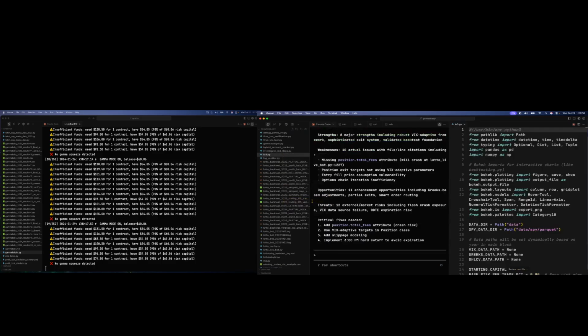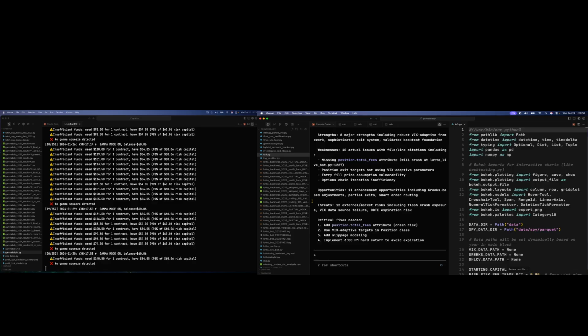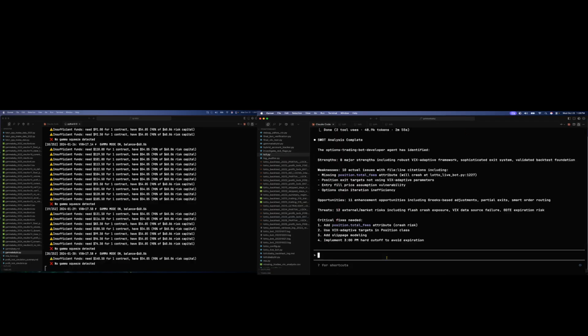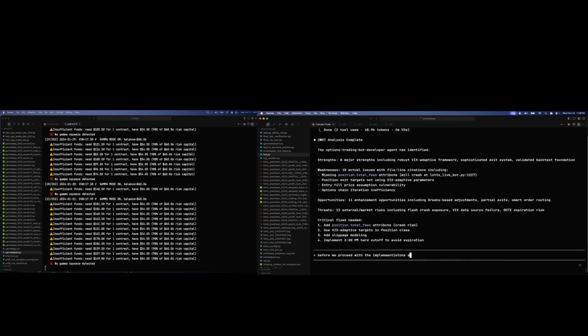Here's the backtest, fam. All right, before we proceed with the implementations, a few things. Here is the backtest.